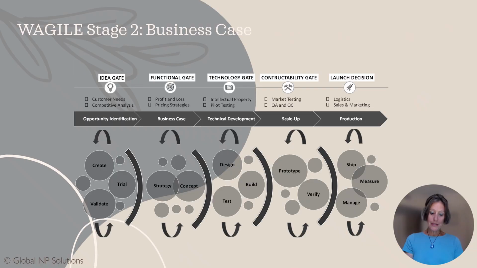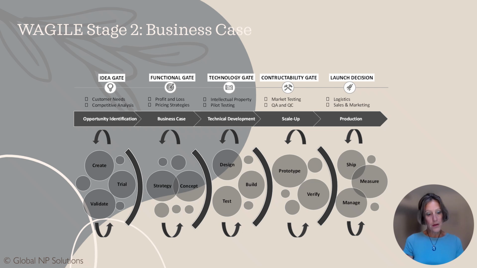Stage 2, business case. An outcome of the opportunity identification stage and idea gate in WAGILE product development is a high-level, rough order of magnitude estimate of market potential for the new product. In stage 2, a solid business case is presented along with the new product strategy. The functional gate requires order of magnitude profitability analysis and suggested pricing strategies.